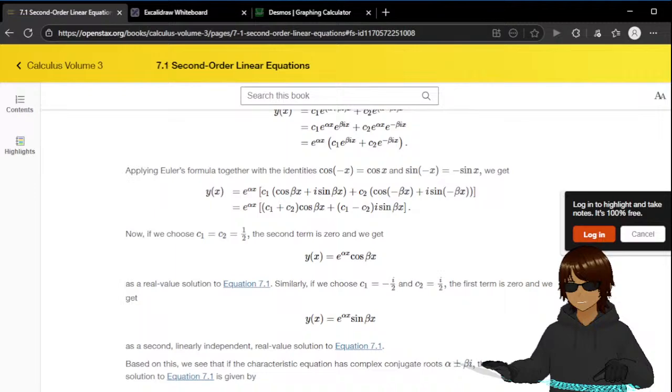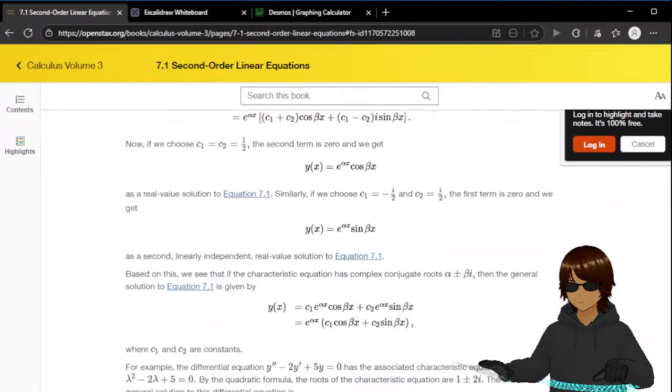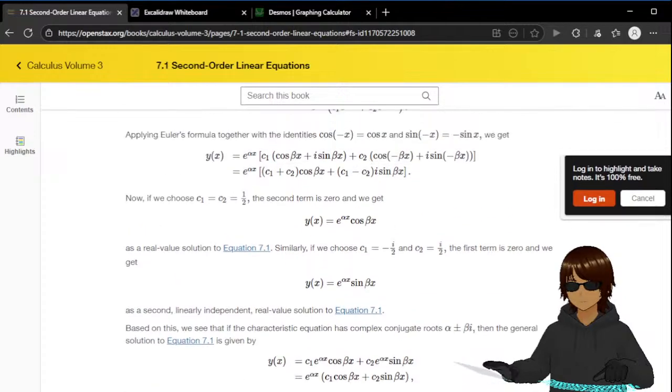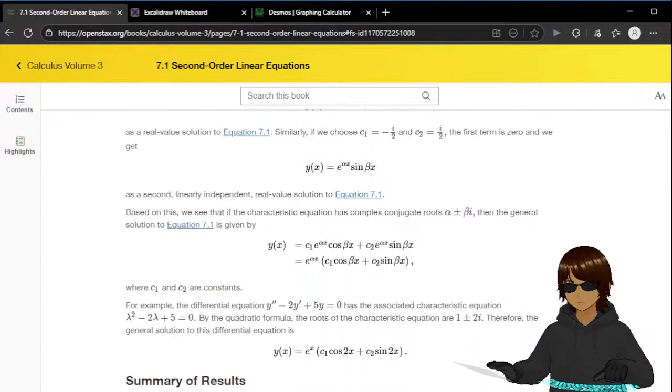Similarly, if we choose C1 equal to minus i over 2 and C2 equal to i over 2, the first term is 0 and we get this as the second linearly independent real valued solution. Based on this, if the characteristic equation has complex conjugate roots alpha plus or minus beta i, then the general solution to equation 7.1 is given by this.